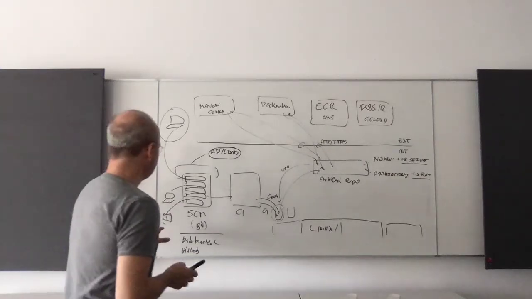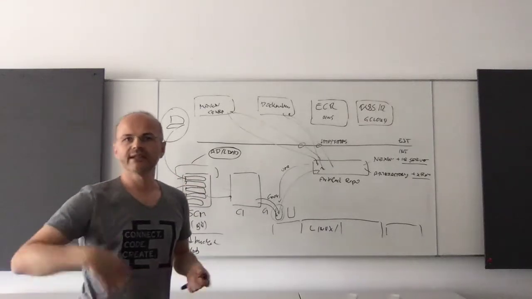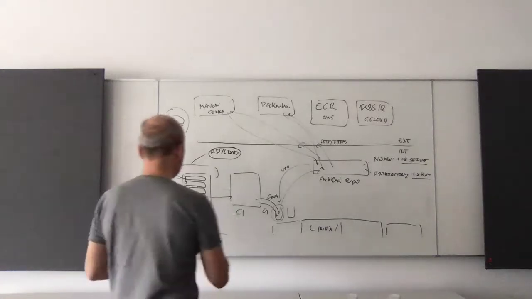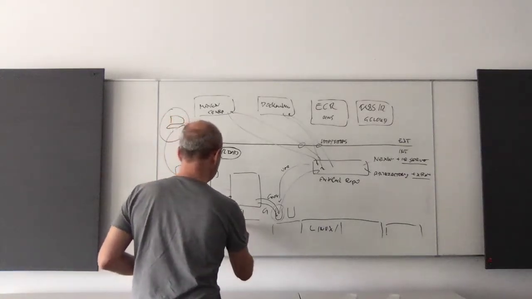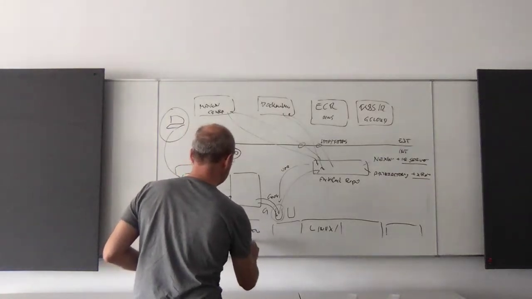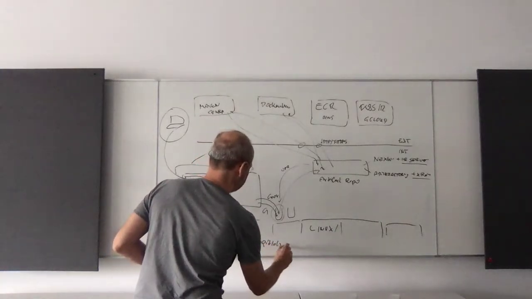So now you have all the code and it's all there, but you want to make sure that it builds and runs and ships an artifact that can go to production. So you want to have a CI server, like Bamboo, Jenkins, Circle CI, or GitLab CI.